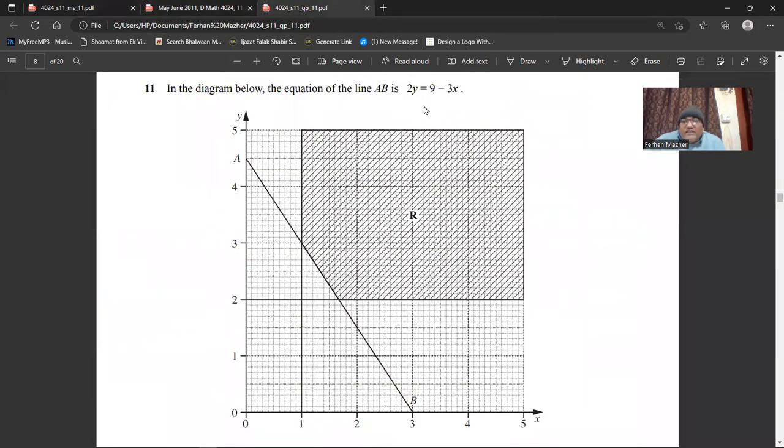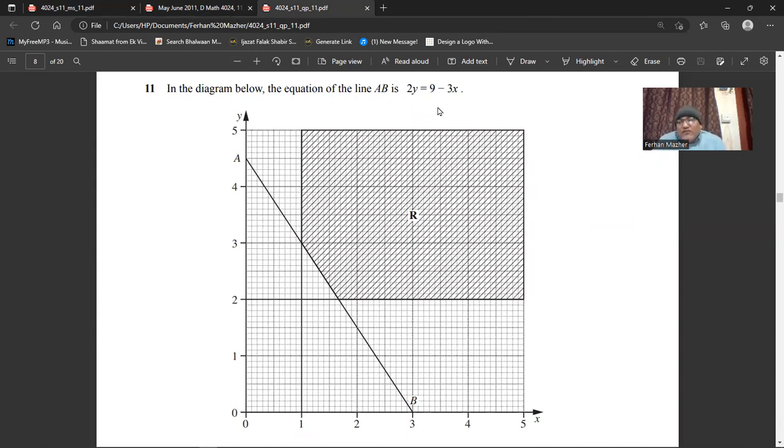Another way of doing this is, you see the AB equation is given, you just make the y alone on one side. So this 2 which is multiplying with the y, just take it to the other side. So y is equals to 9 by 2 minus 3 by 2 x. So when the y is alone on one side and it's positive, whatever is the coefficient of the x, that will be the gradient of that line.